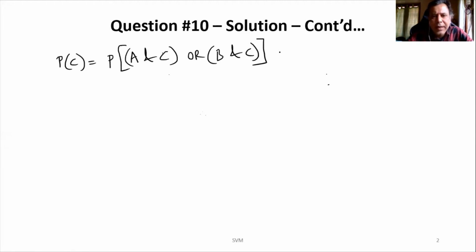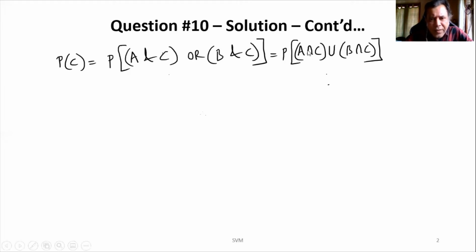So I can rewrite this as probability of A intersection C, union B intersection C. Those two joint events are mutually exclusive.